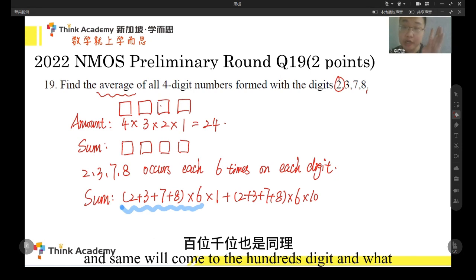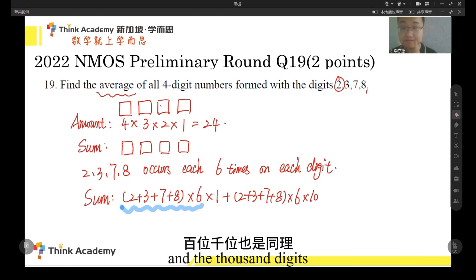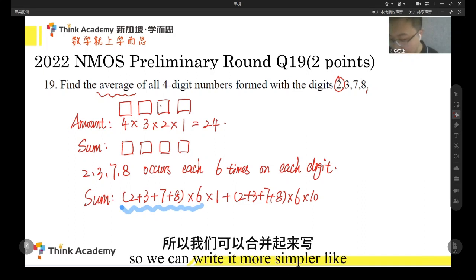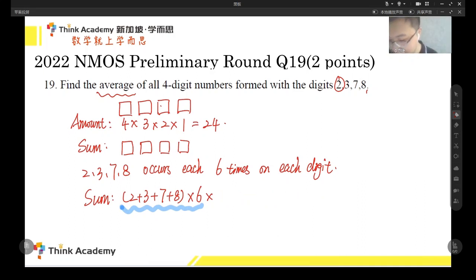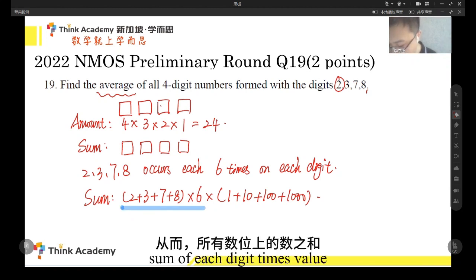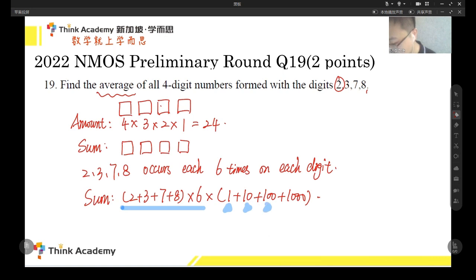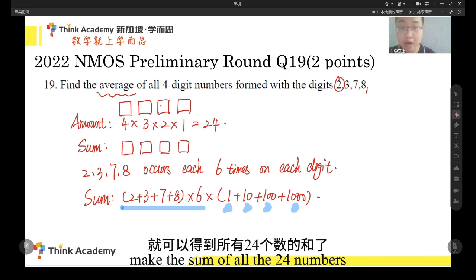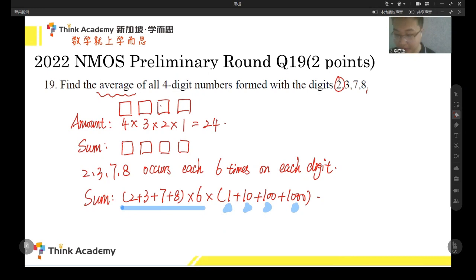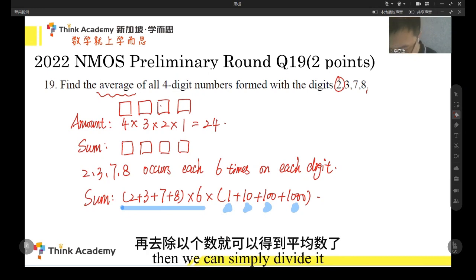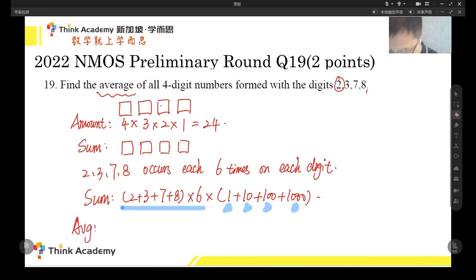And the same will come to the hundreds digit and the thousands digit. So we can write it more simply like 1 plus 10 plus 100 plus 1000. So the sum of each digit times the value of each digit makes the sum of all the 24 numbers. And then we can simply divide it by the amount to get its average.